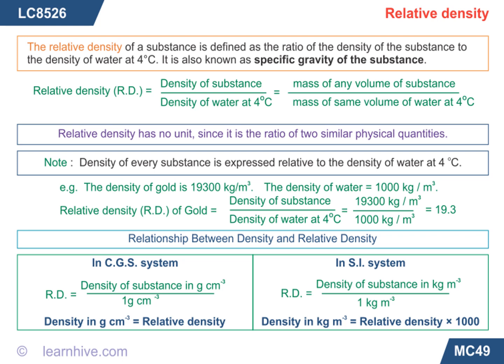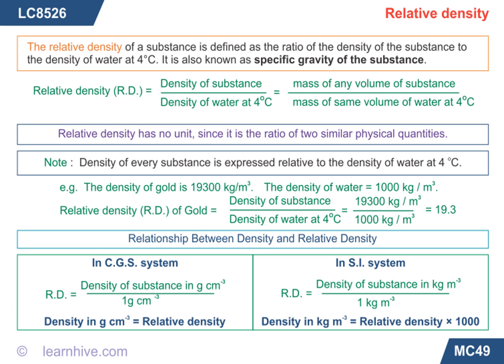This is the relation between density and relative density. Density in kilogram per meter cube is equal to relative density multiplied by 1000. Have you understood, children, everybody?